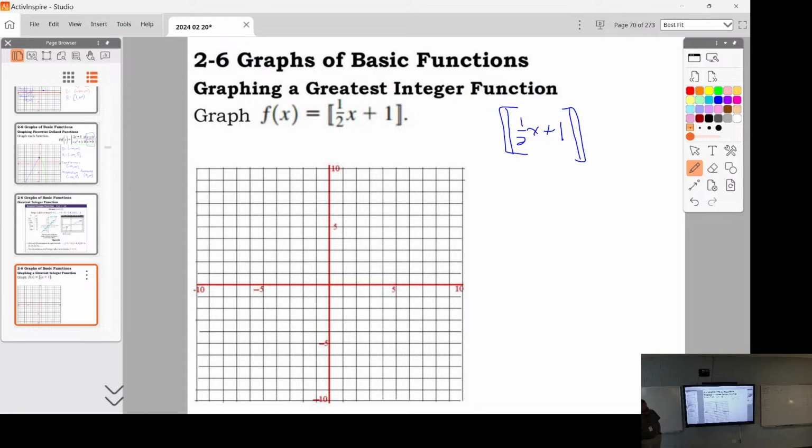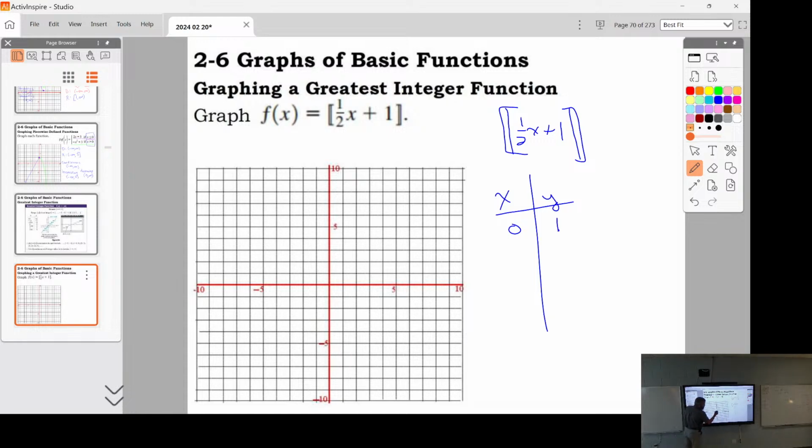So if you started just plugging numbers in there, let's plug a 0 in there. Let's make a t-table. If you plug a 0 in, what would happen? 1/2 of 0 is 0. 0 plus 1 is 1. And the greatest integer of 1 is 1. Well, it is an integer.